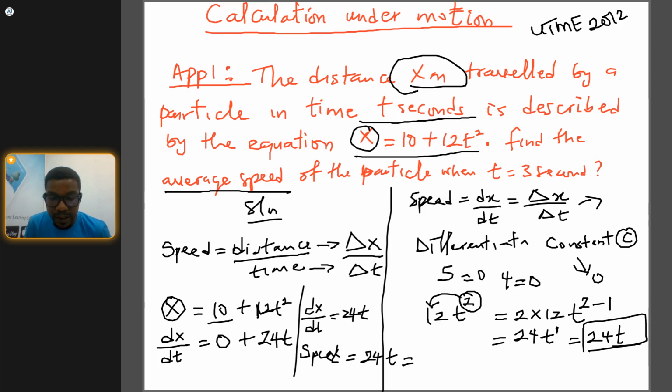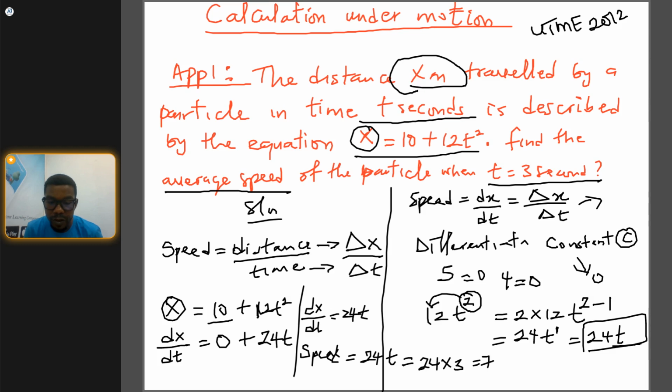So now let's get the final answer. The question gave us that t is equal to 3 seconds. When your time is given to be 3 seconds, what is the average speed? We substitute the time given in the question, which is 3, so that will be 24 times 3.